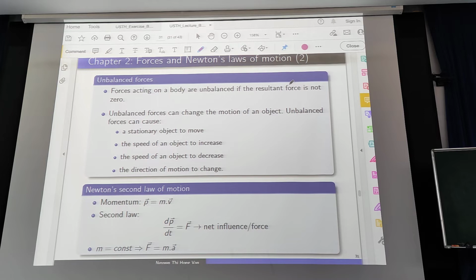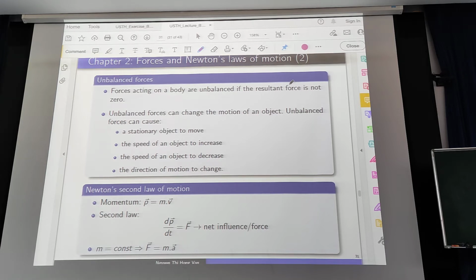Okay? So of course in this case you need to add some force to resist, to decrease the speed. Okay? Or another case, it can change the direction of motion. So I'm moving in this direction, now I want to turn. So it needs some force. So someone hits me from this direction and then I'm moving, I change the direction.